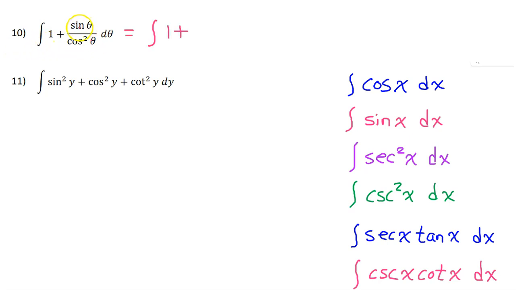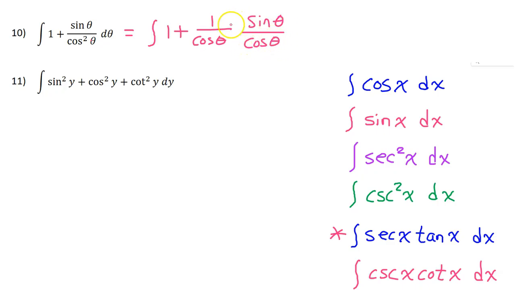I'm noticing that sine over cosine is tangent, so I'm betting that it's going to be this one that we can turn the expression into. Let's pull one of the cosines off to the side as 1 over cosine theta, and then that will leave sine theta over cosine theta.